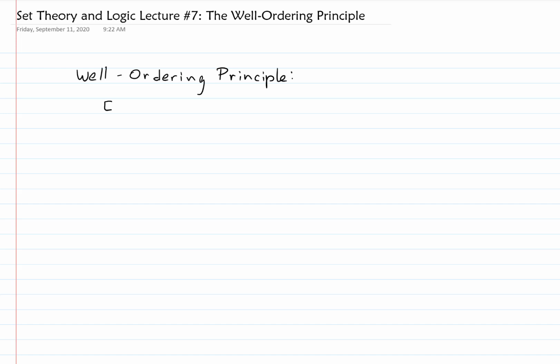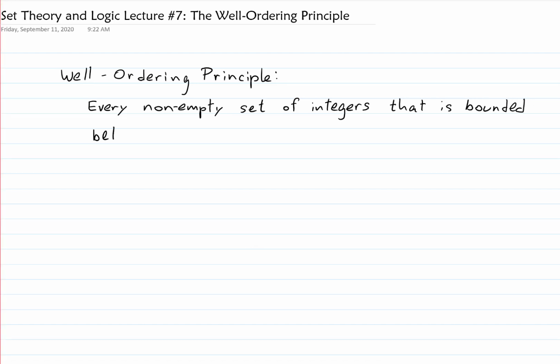Okay, it says every non-empty set of integers that is bounded below has a smallest, actually I would prefer to use the word least element. Okay?